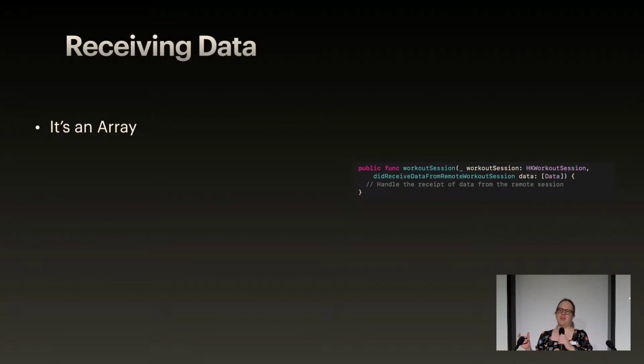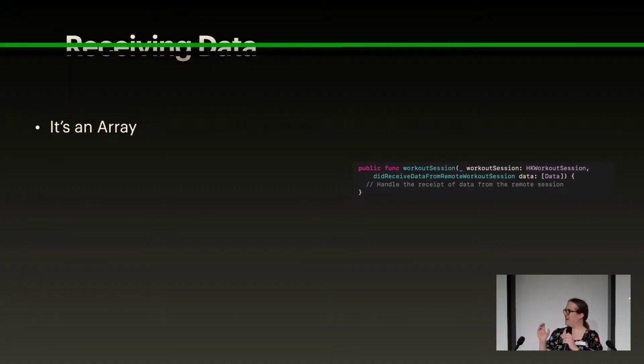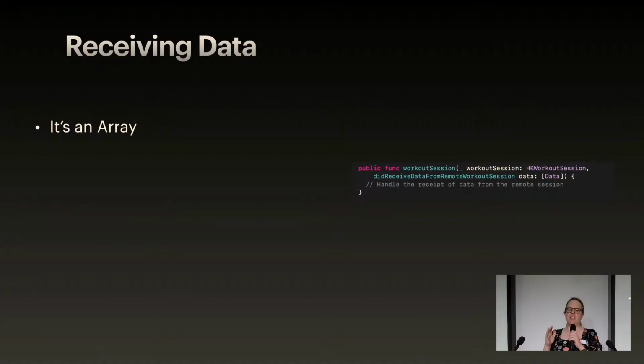This is an array, meaning that iOS and watchOS will try to determine what is going to be the most optimal transmission rate between the two devices. And it's a lot better than watch connectivity, but at the same time, it's going to be batched. Like it might be one element in an array, it might be 10 elements in an array, and you just have to deal with the fact that they all are coming there in a batch.